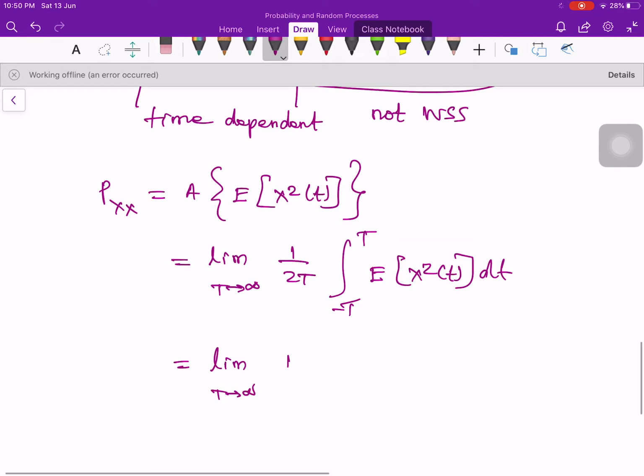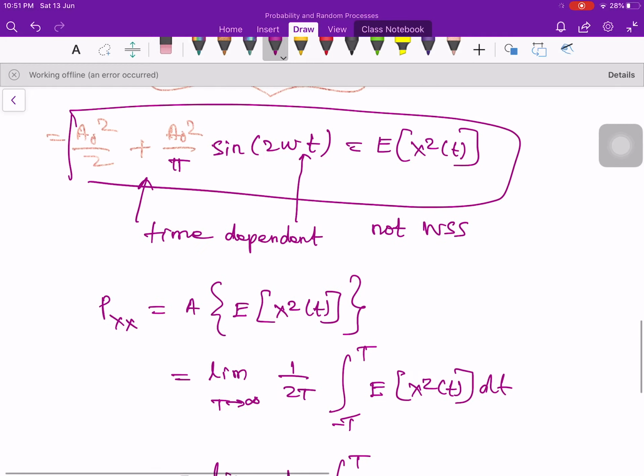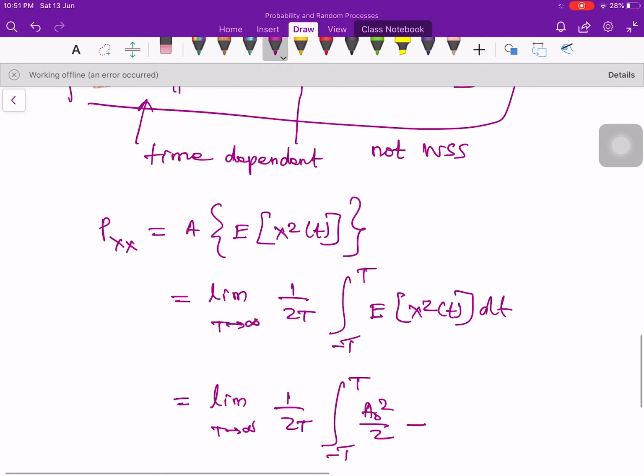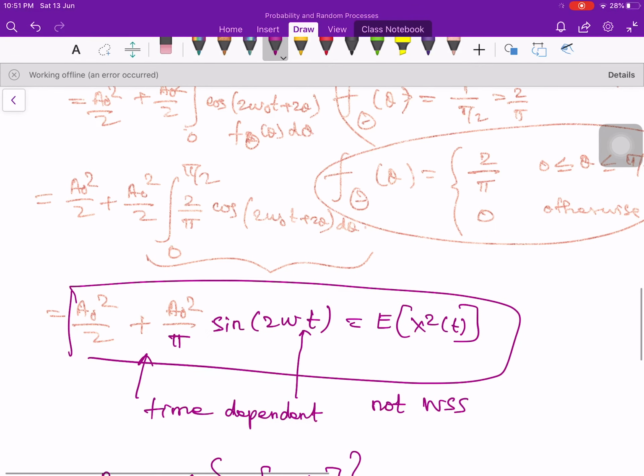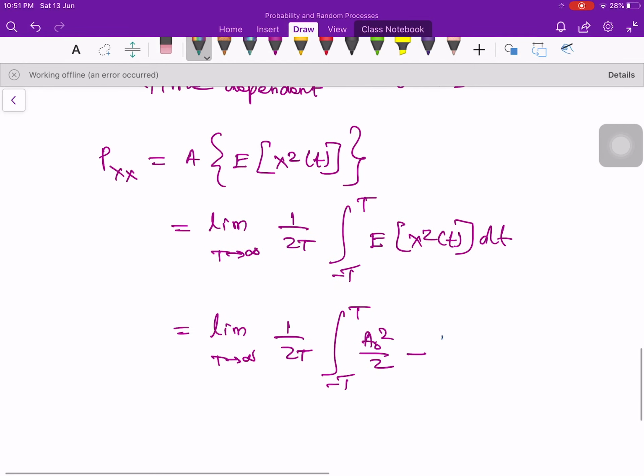Limit T goes to infinity, 1 over 2T, integral from minus T to plus T, and this one is A naught square by 2 minus, I'm sorry, this is minus, actually I made a mistake, that one is minus, A naught square by 2 sine of 2 omega t, and do the integration with respect to dt.